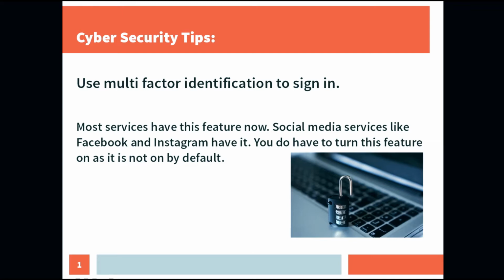Initially you set it up. I set mine up for Facebook because Facebook has that option, but it's not turned on by default, so you need to go into your security settings and turn it on. Other sites have that too. Google has it, and lots and lots of sites have it now. So you just have to check into security settings.